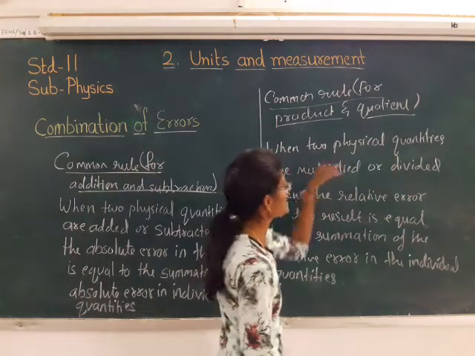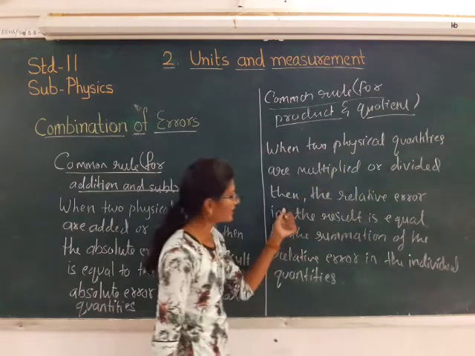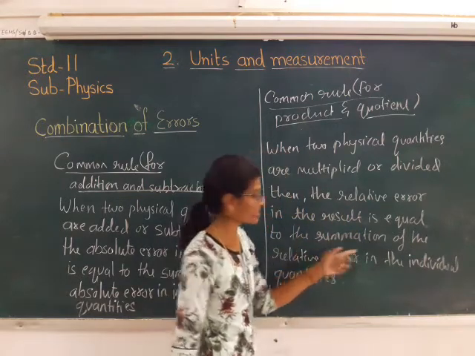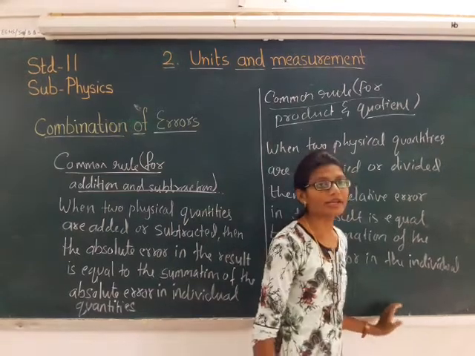When two physical quantities are multiplied or divided, then the relative error in the result is equal to the summation of the relative error in the individual quantities.